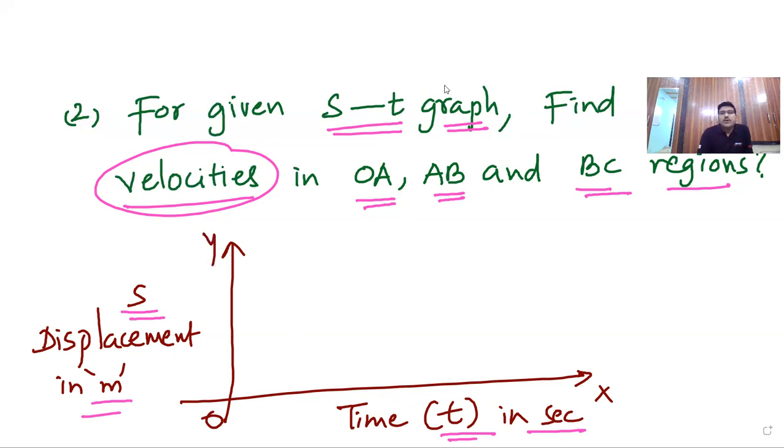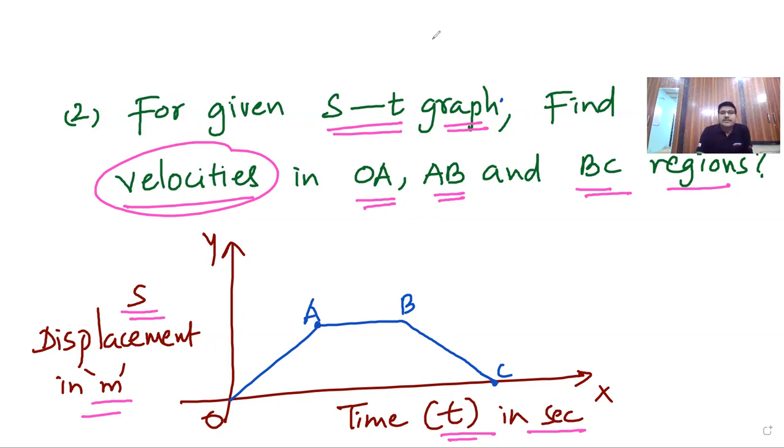Now the graph is given with OA, AB, BC. It looks like a trapezoid.